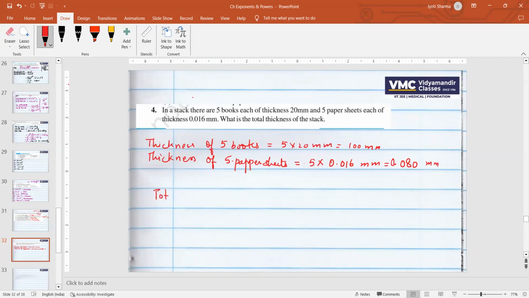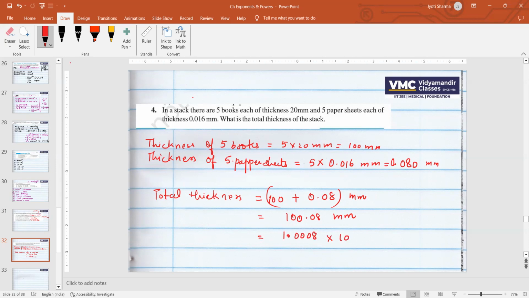The total thickness is equal to 100 plus 0.08, which is 100.08 mm, which is not in the standard form.